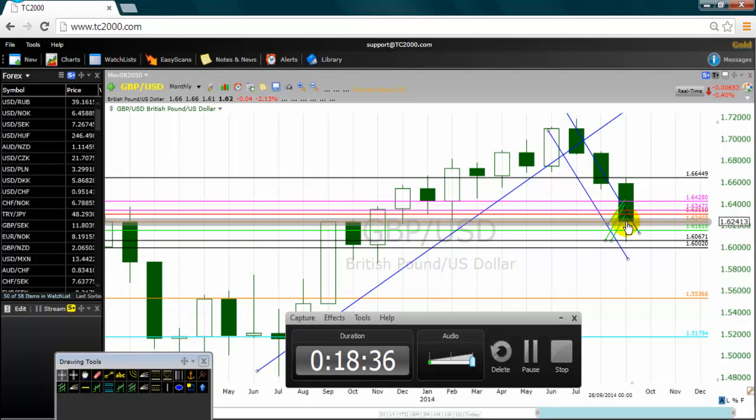That's why I'm saying to you, we will be very patient until the monthly candle is closed on Tuesday, the 30th of September. And then on Wednesday, we'll come back and see what is likely to take place by implementing trading idea part 2.